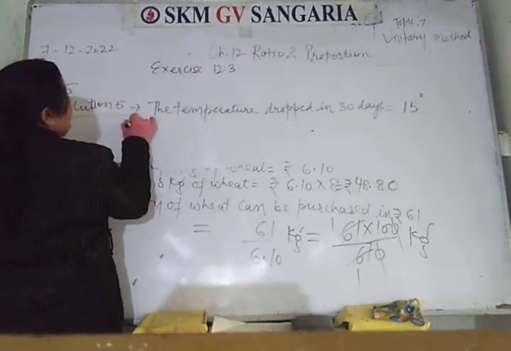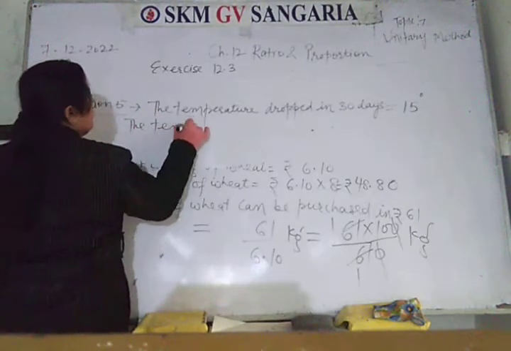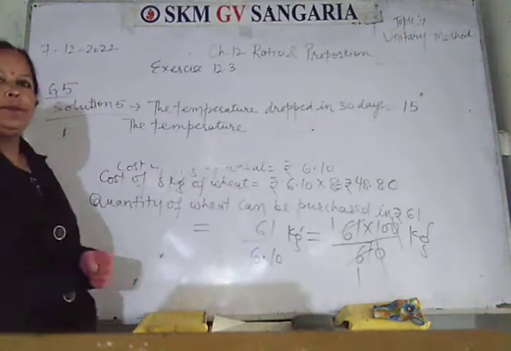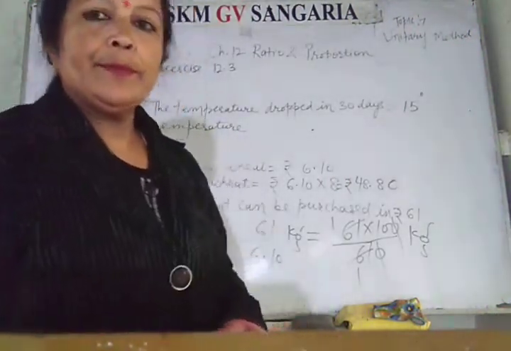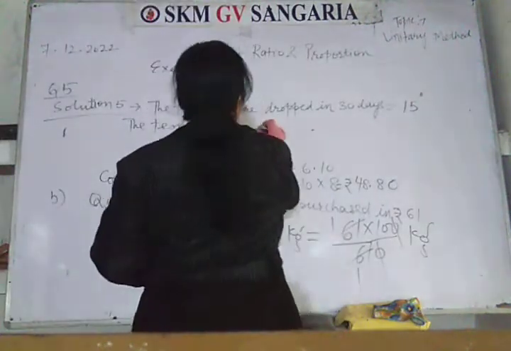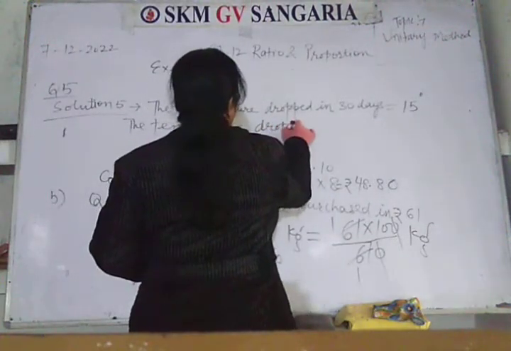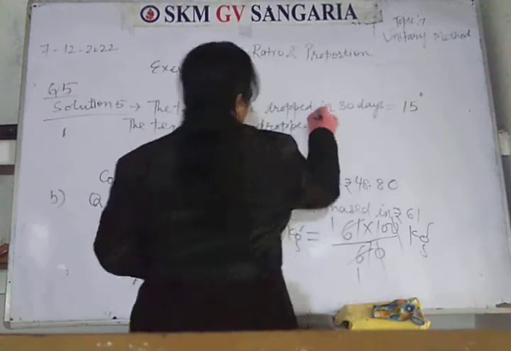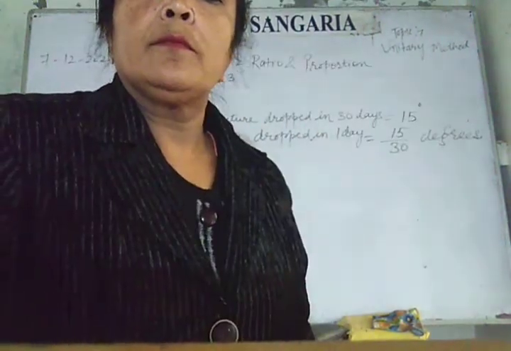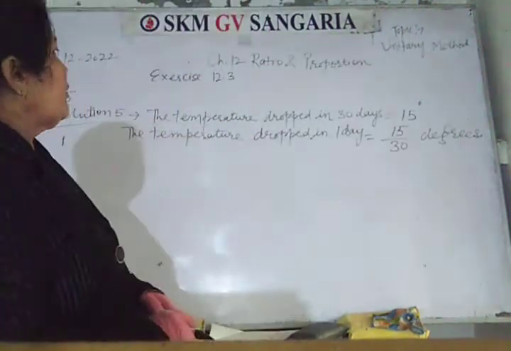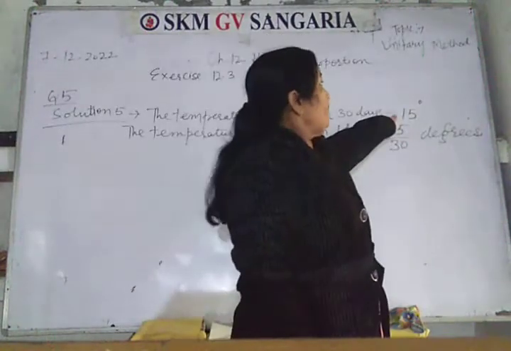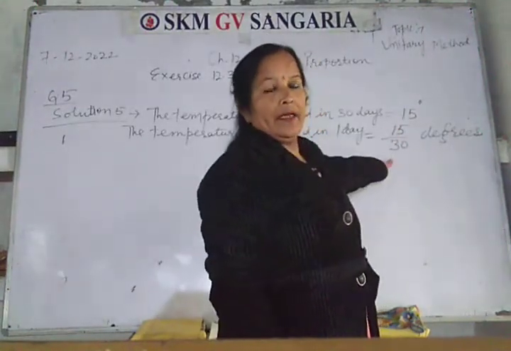So the temperature dropped in 1 day. The temperature dropped in 1 day will be 15 degrees divided by 30.